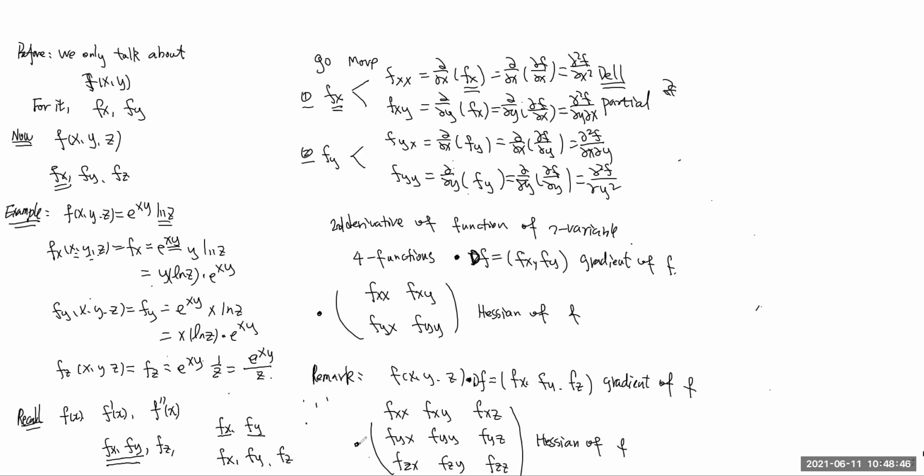And also sometimes people write fxx as f11, fxy as f12, fyx is f21, fyy is f22. Just the notation, as we did for the first partial derivative, the partial derivative of first order. They are the same. Just many notations. But here you have to be careful.